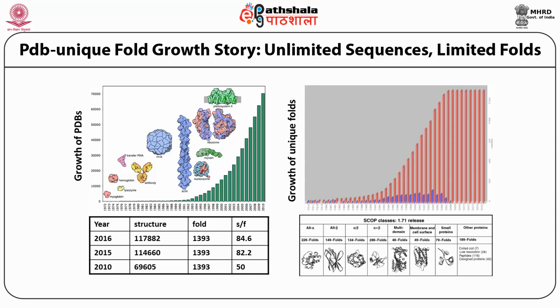Right from the time the X-ray crystallographic analysis was done of myoglobin, there has been a continuous submission of protein structure coordinates, and over the last couple of decades, there has been a steep increase in the structures, finally reaching a staggering number of more than 117,000.